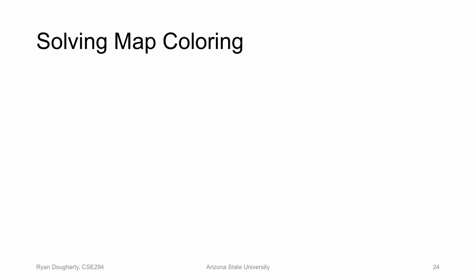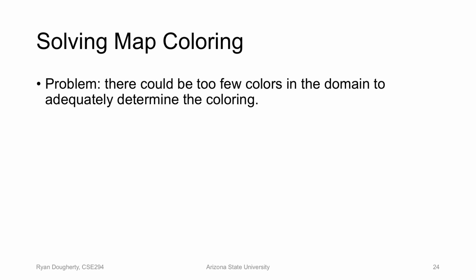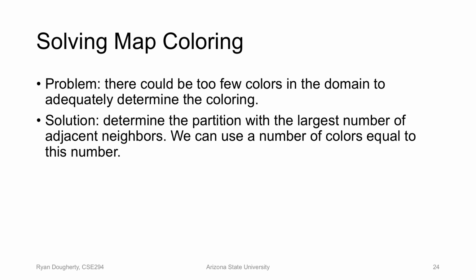Okay? So if we want to solve map coloring, although the four-color theorem says that four colors is sufficient, what if we had 3 colors, and we really did need 4 colors? So the problem is we could have too few colors, right? What we can figure out is the largest possible number of neighbors for a given state.